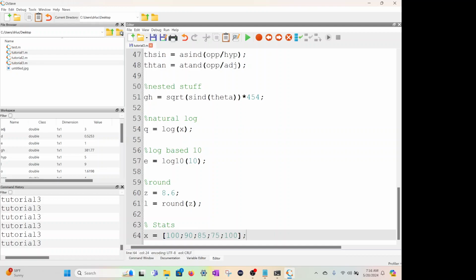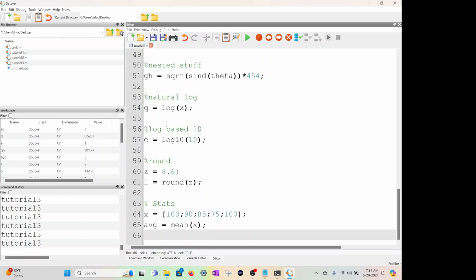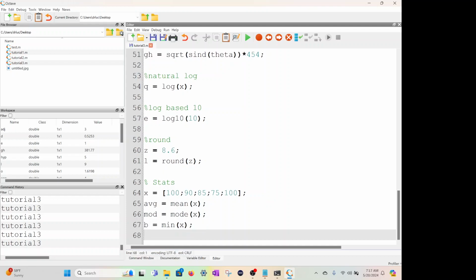So you got 100 and 90 and 85 and 75 and 100 on an exam. We want to find the average. So you just say mean of X. And say you want to find the mode, which would be mode of X. And then say you want to find the min of X. And say you want to find the max of X.